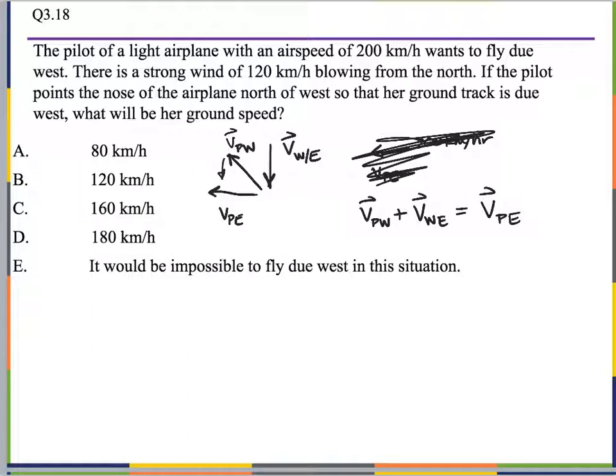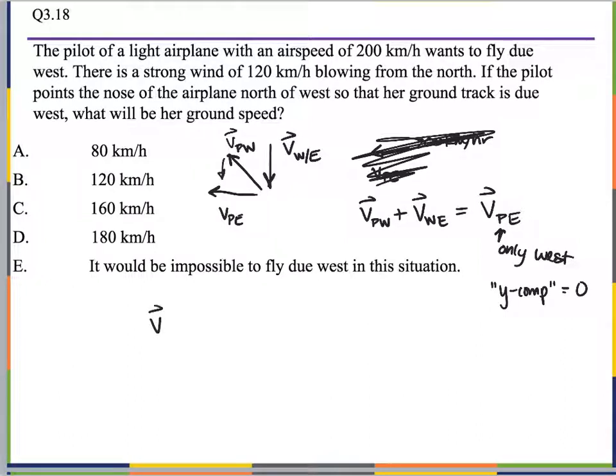Now, if we think about this, in the end, this is only in the west direction. So we know that the y components add up to be 0 because it doesn't go north or south.